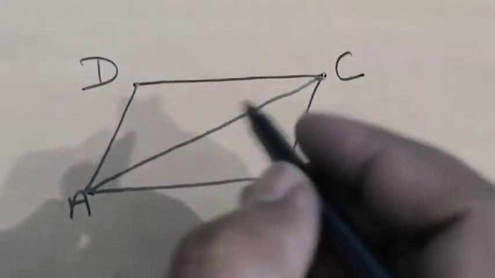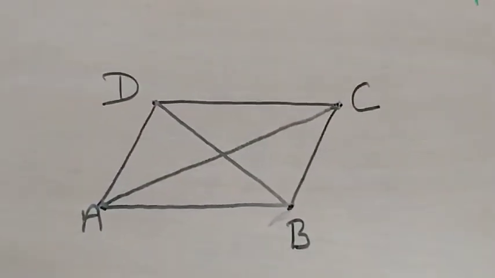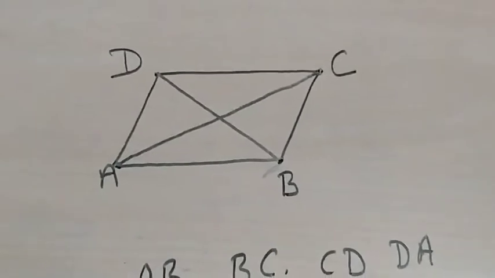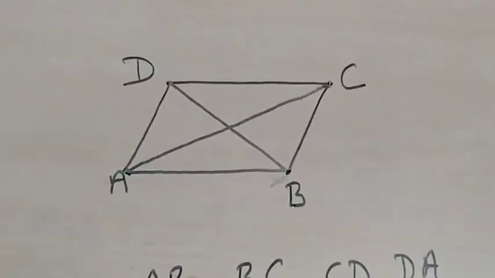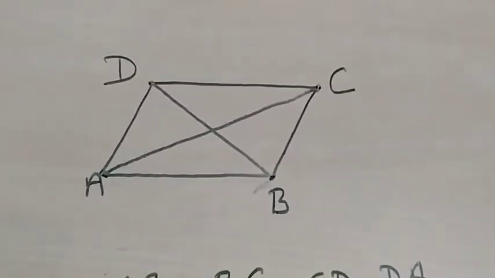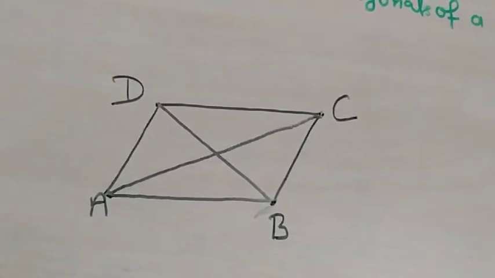Now we join B to D, opposite vertices, so we obtain diagonal BD, and when you join A to C, we obtain diagonal AC.